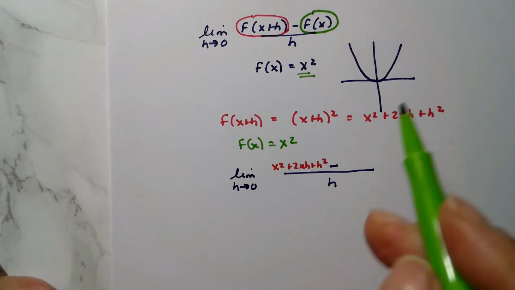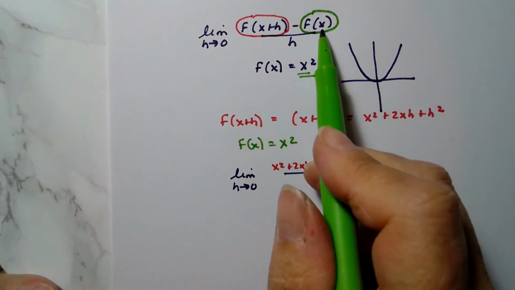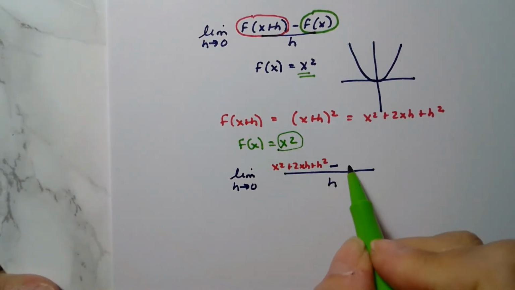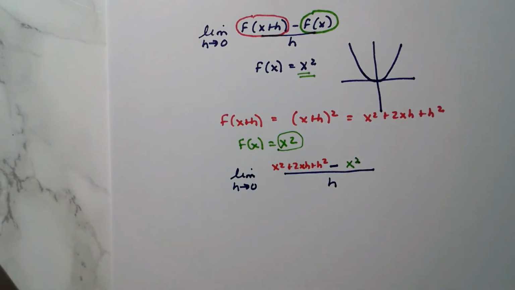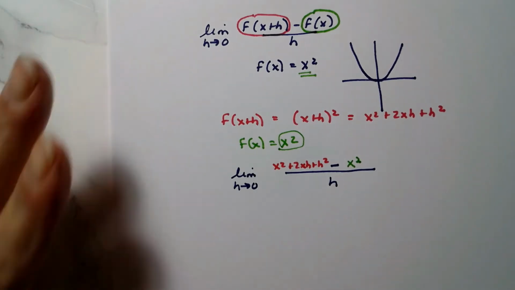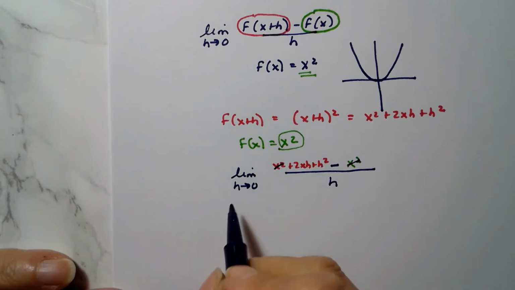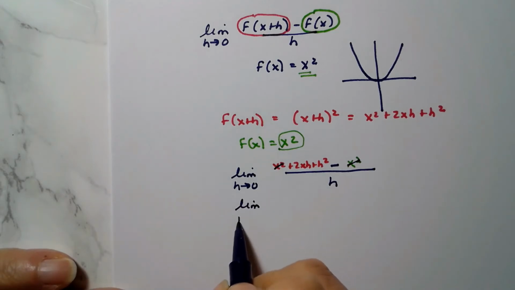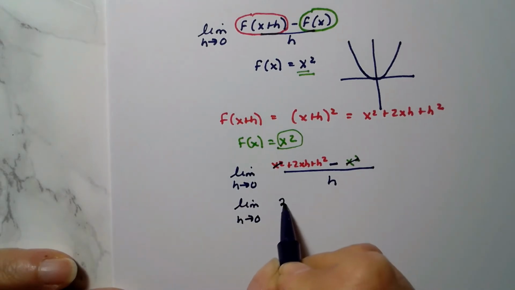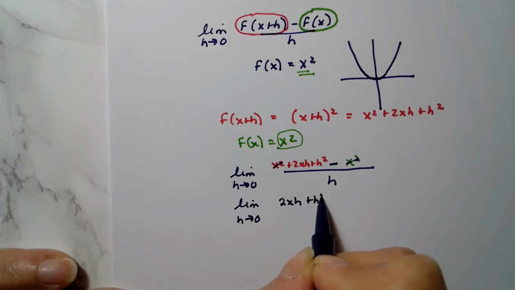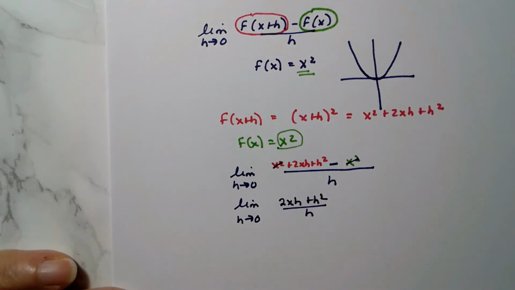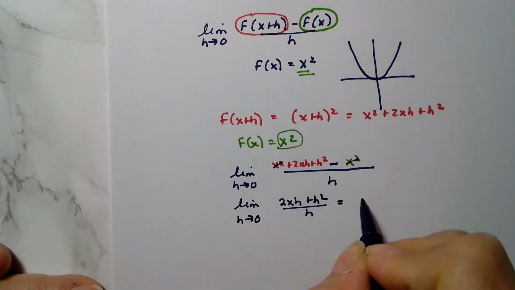And on the right, I'm going to replace f of x with what f of x is, which is x squared. And you see that those x squared terms are going to cancel in the numerator, so we have the limit as h approaches 0 of 2xh plus h squared over h. And the idea is the same. We want to factor out an h in the numerator so we can get rid of it with what's in the denominator.